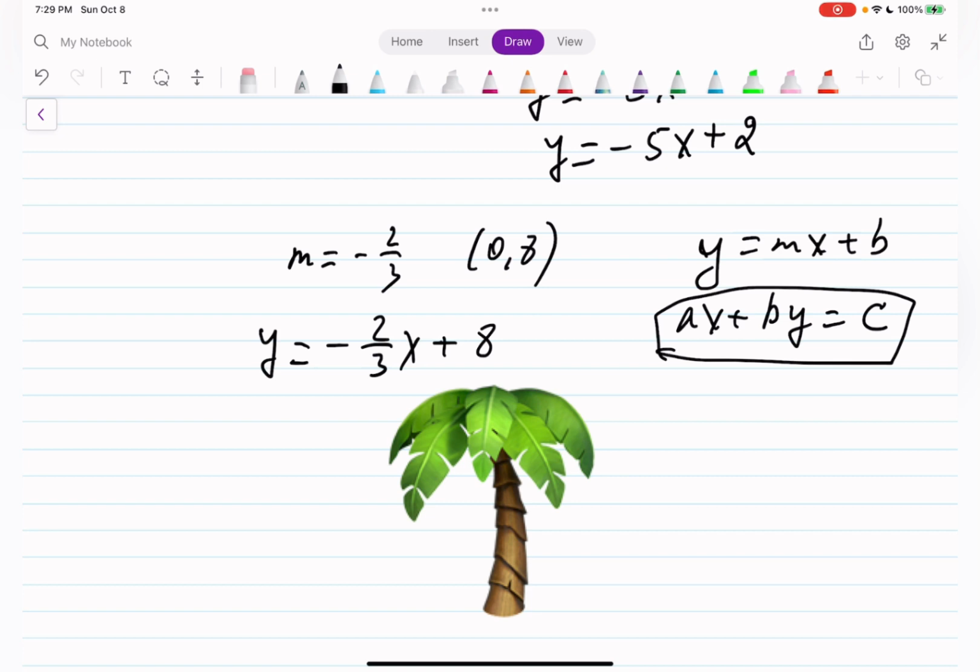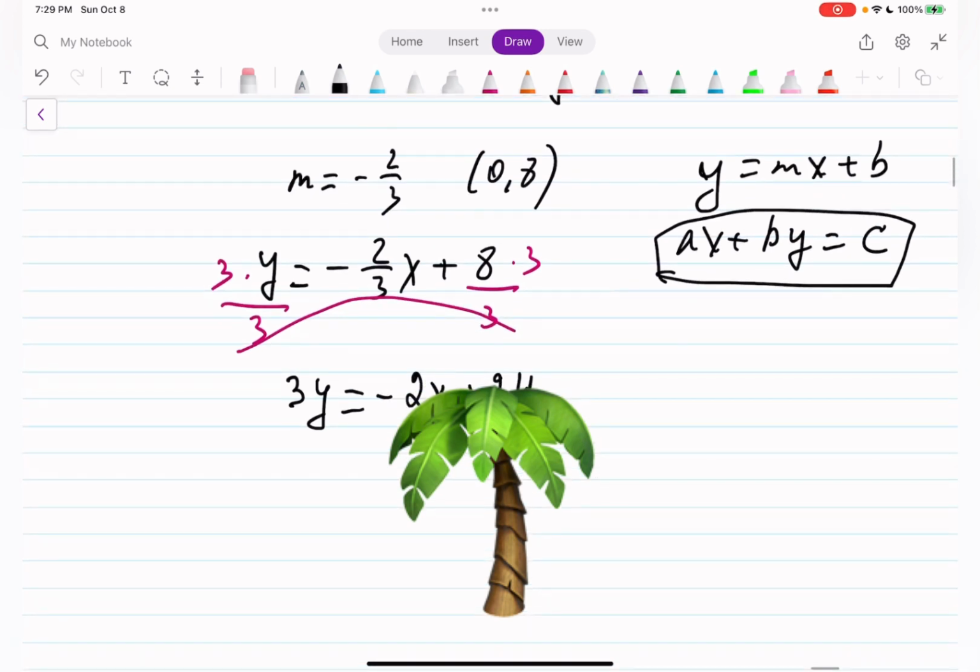So at this point, what I'm going to do is bring the entire equation to a common denominator. The denominator is 3, so divide by 3, multiply by 3. The 3s cancel, and we get 3y equal to negative 2x plus 24.